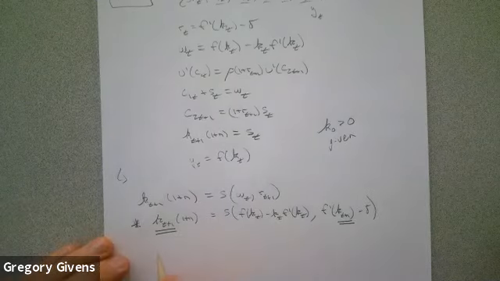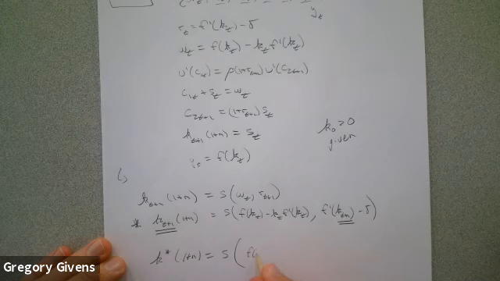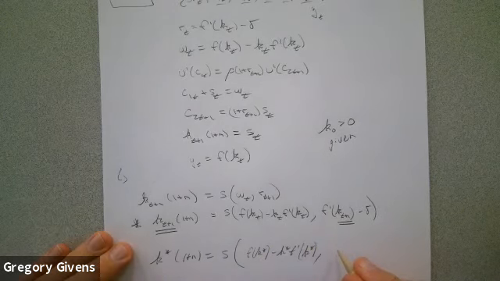If a steady state exists, what equation must it satisfy? K star times (1 + n) is equal to S of, let's see, F(K*) minus K* F'(K*). That's already getting ugly.